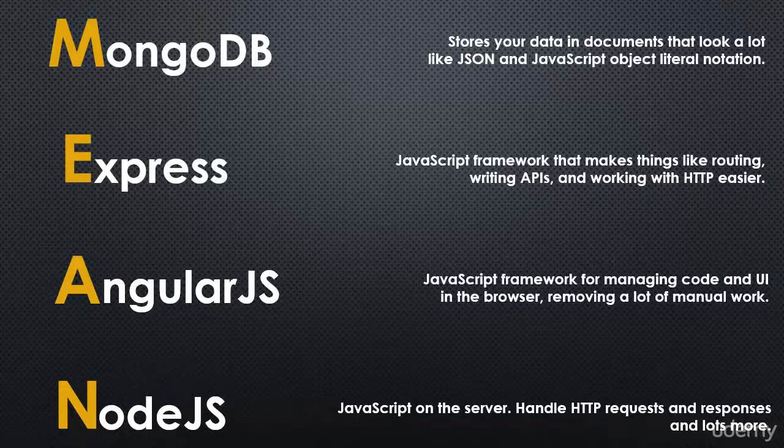Now, that doesn't mean you have to use all 4 of these. You could choose Node and Express with a different database, like MySQL or others. You don't have to use Angular on the client. You could be doing something simpler and simply be using jQuery, or using other technologies that are out there like React or Ember, other client-side JavaScript technologies.